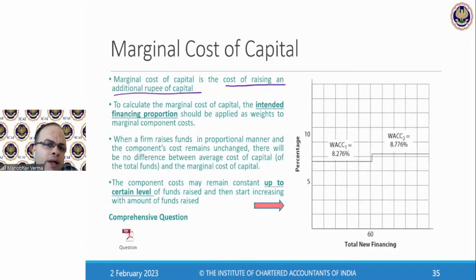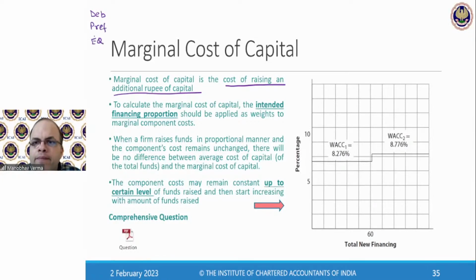So for calculating the marginal cost of capital, the intended financing proportion needs to be known. The reason is, the company may be financing its business using debentures, preference shares, and equity.